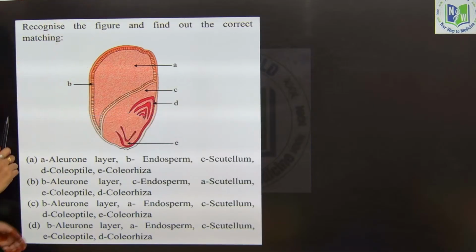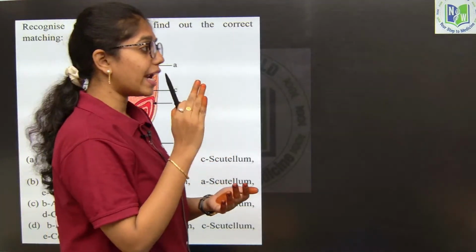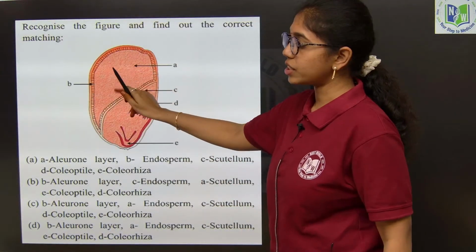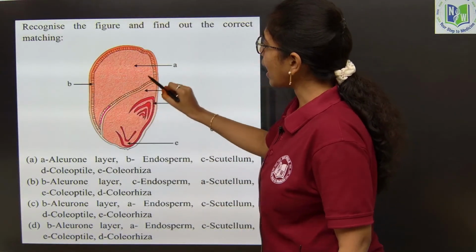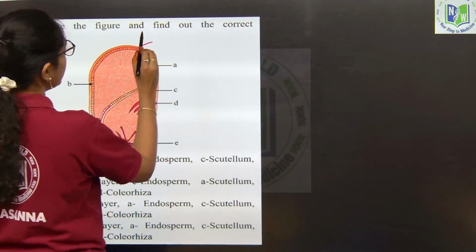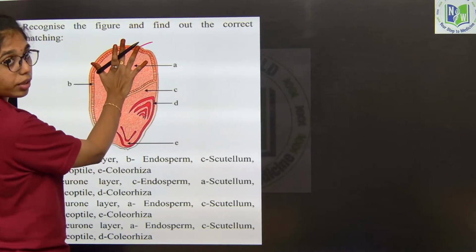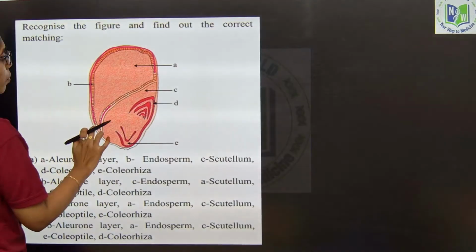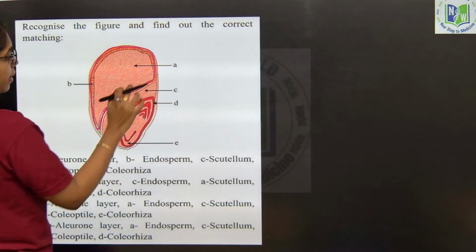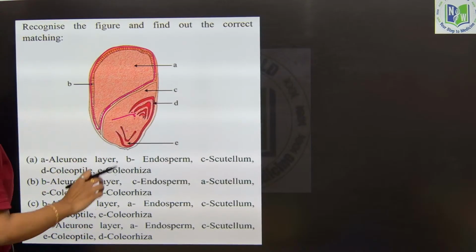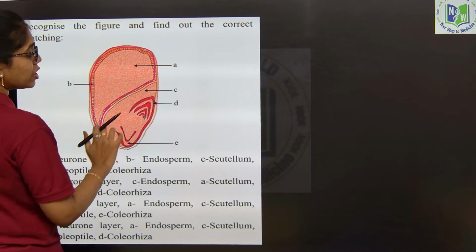In a monocot seed we have come across that endosperm is present. At the center you have starchy endosperm which is covered by the aleurone layer. Yes Tanvir, look at the question carefully. At the center is starchy endosperm, surrounded by proteinaceous endosperm or aleurone layer, and here is the embryo, whose papery cotyledon is called scutellum.